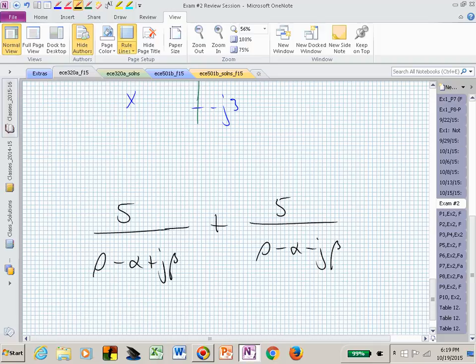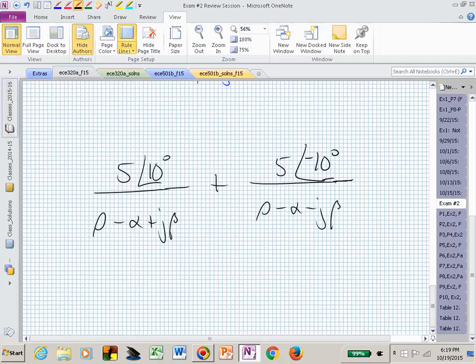In this case, because you didn't give me an angle on that 5, this angle is 0, so I'm not going to get the sign of the angle wrong. But if you would have given me an angle, if this would have been 10, this would be minus 10, and which of those would I have to use to get the correct answer? The one on the right.